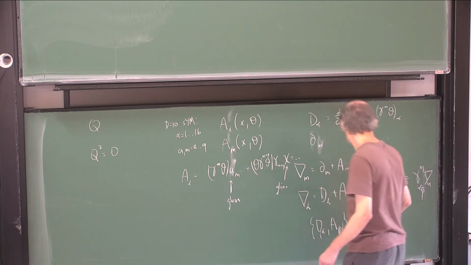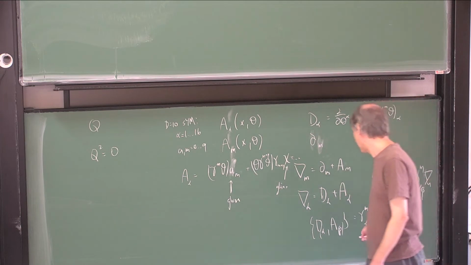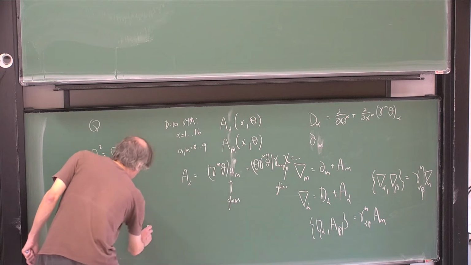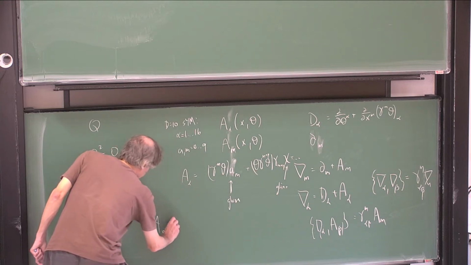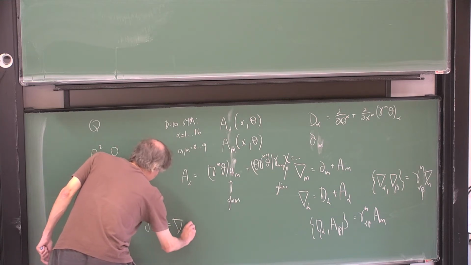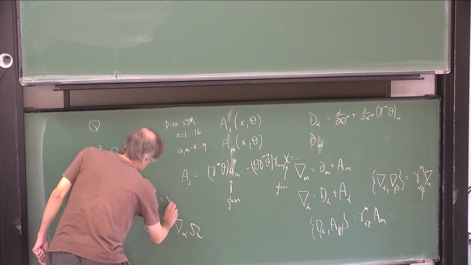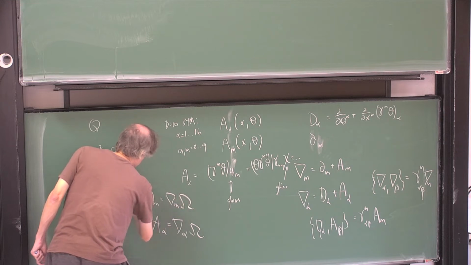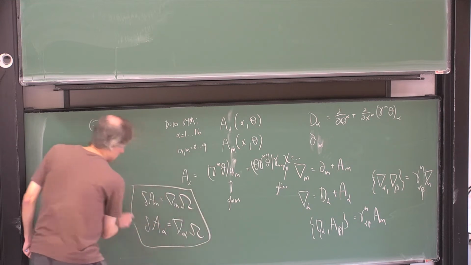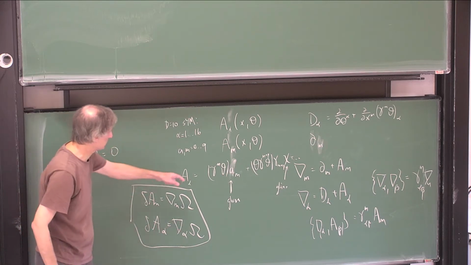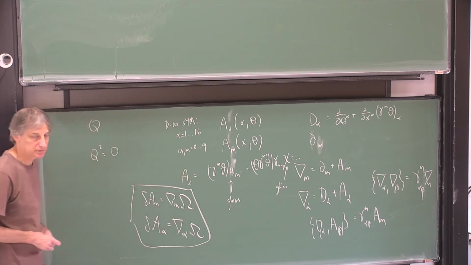So the gauge, I told you what the gauge fields are. So obviously the gauge transformation is delta A alpha is equal to del alpha of omega, delta AM is equal to del M of omega. So these are the gauge transformations. So using this gauge transformation, you can easily see that you can gauge away the lowest component of A alpha.